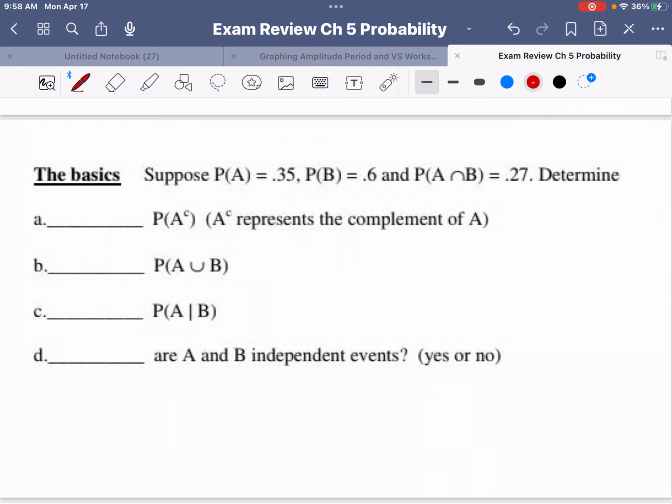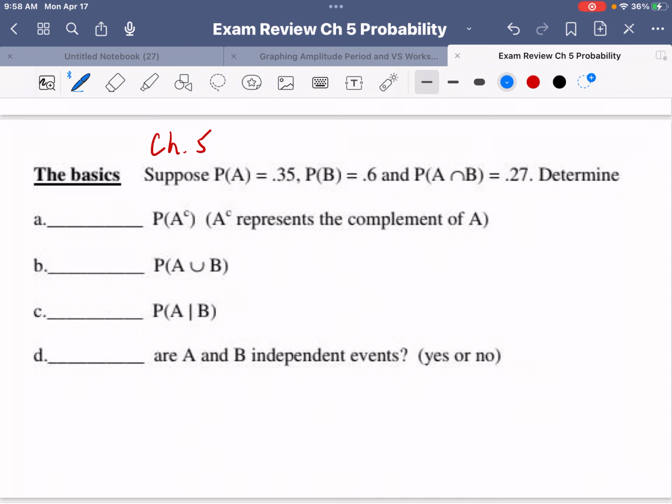Here are some worked out more probability examples from chapter 5. Now, sometimes on the AP Stat exam, I'll see something given in just an abstract form, no context, no word problem.